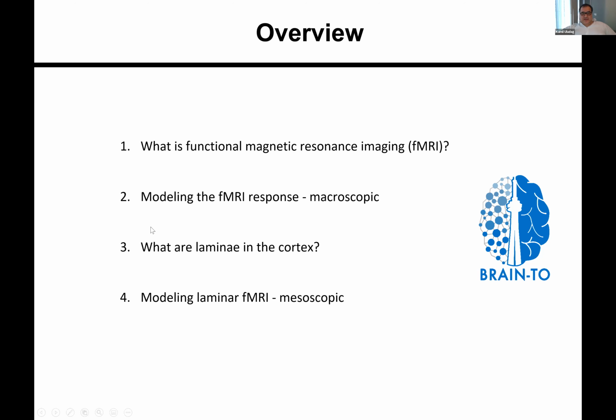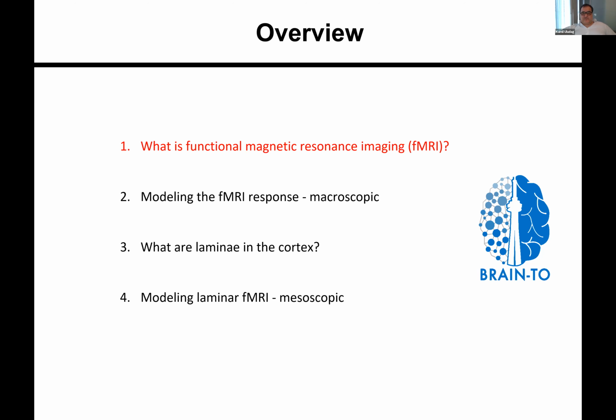Then, again because of the diverse background, I will talk a little bit about what laminae in the cortex actually are, and about our efforts in modeling laminar fMRI. We have published many experimental laminar fMRI papers, but I will talk today about modeling, and this is ongoing work. So I think it would be good to hear your opinion on how we can extend that framework.